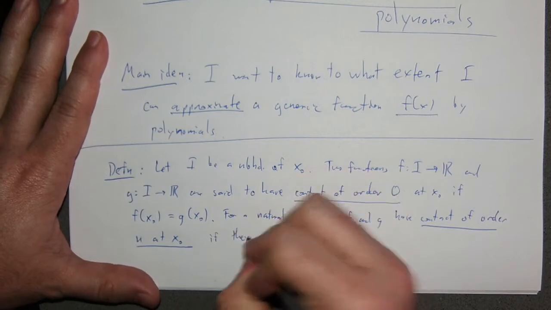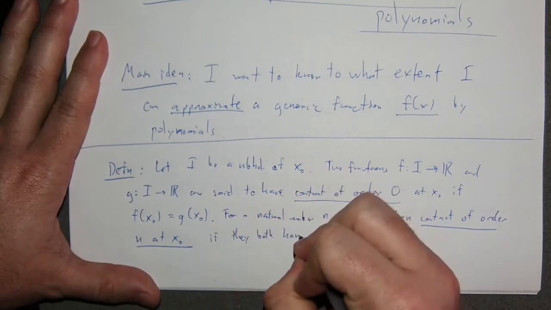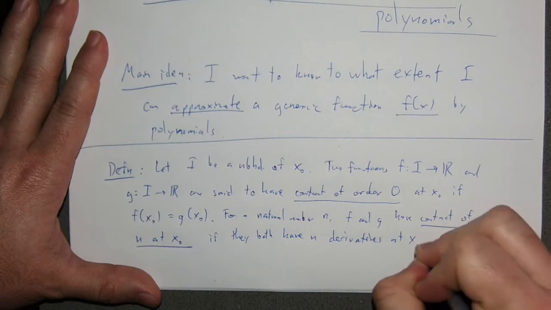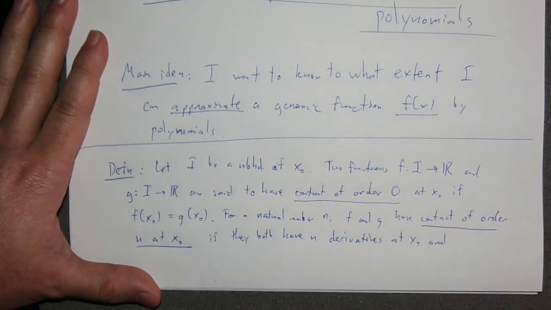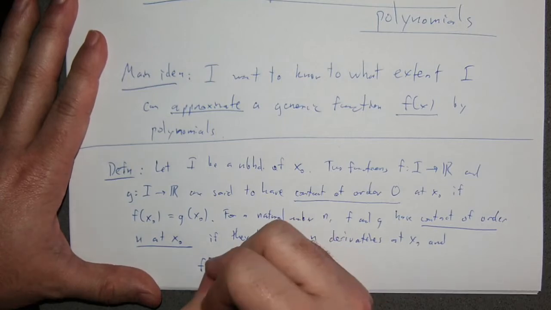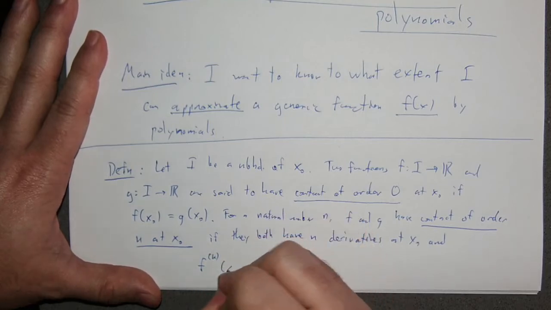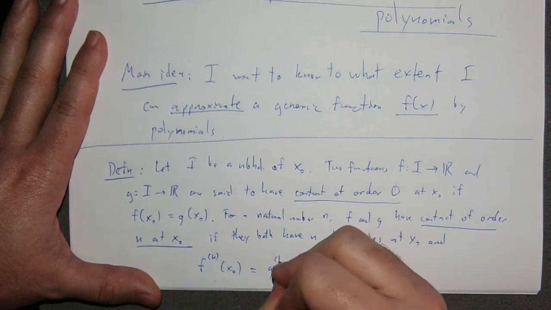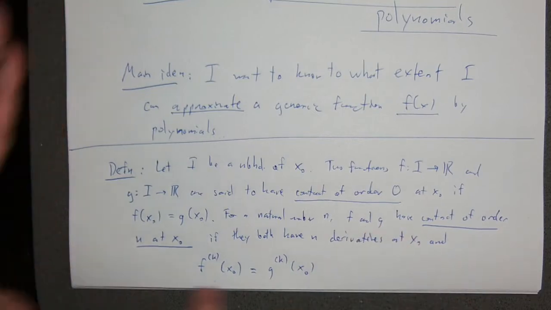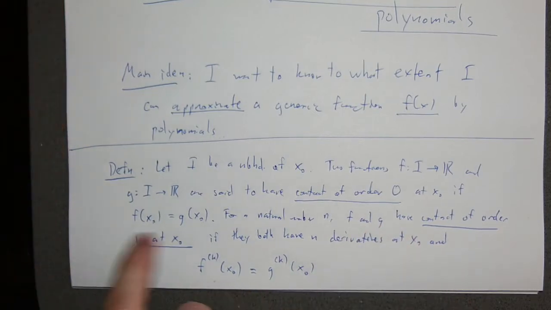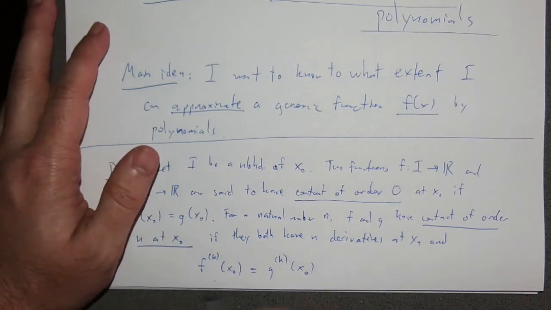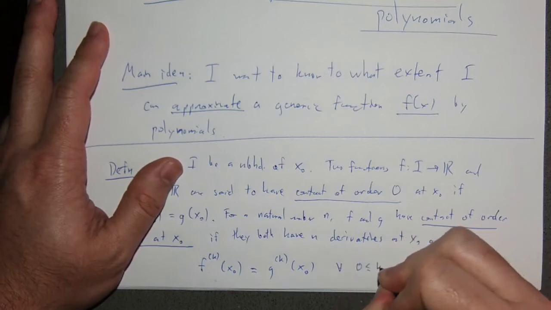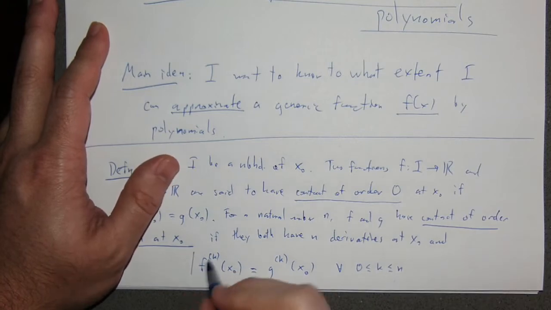If they both have n derivatives at x naught, and all of their derivatives up to the nth derivative agree at x naught. Note, to make this efficient, this is going to include k equals 0, the 0th derivative being the functions themselves. So these are equal for all k between 0 and n. Okay.